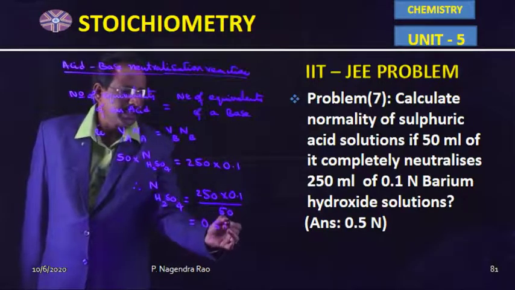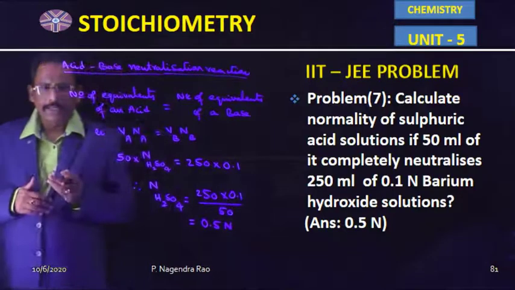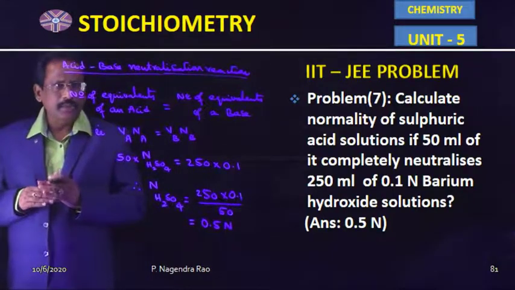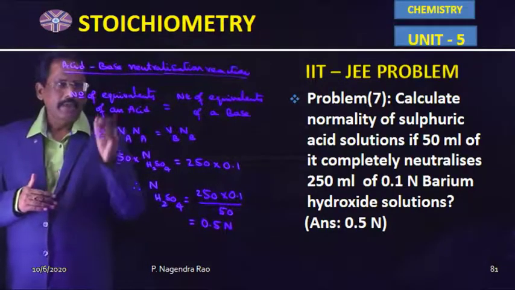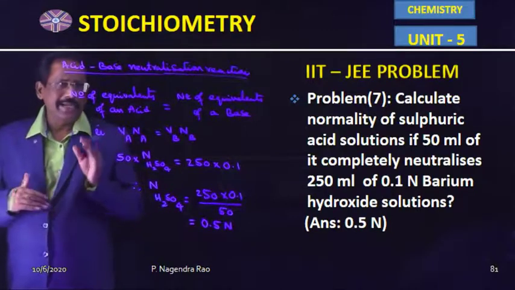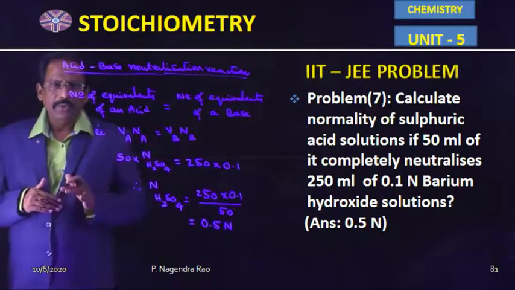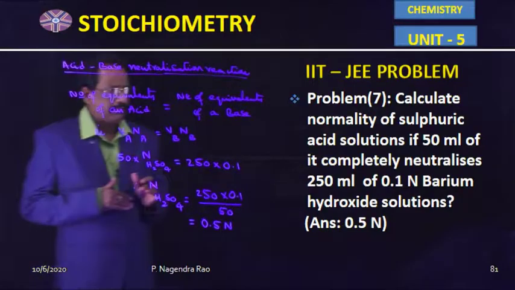So the normality of sulfuric acid is equal to 0.5 normal. So in any acid-base neutralization reaction, number of equivalents of an acid should be equal to number of equivalents of a base.